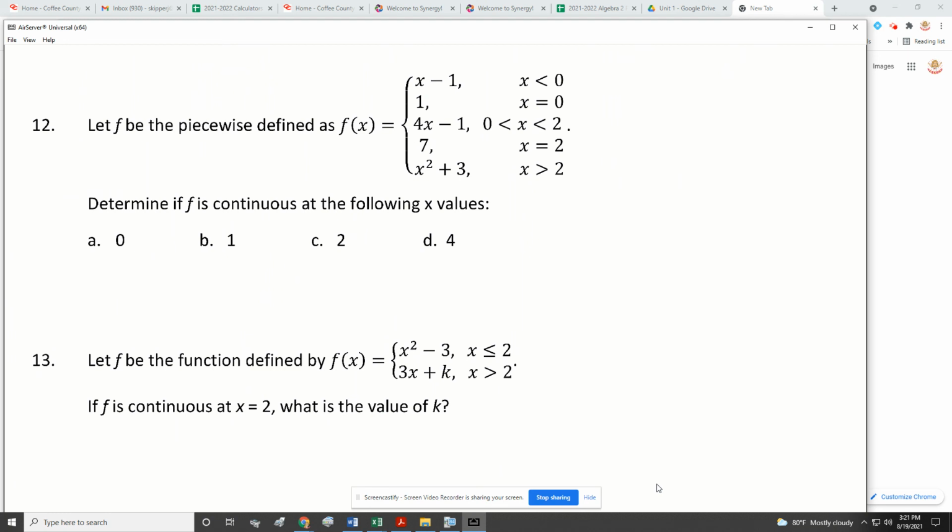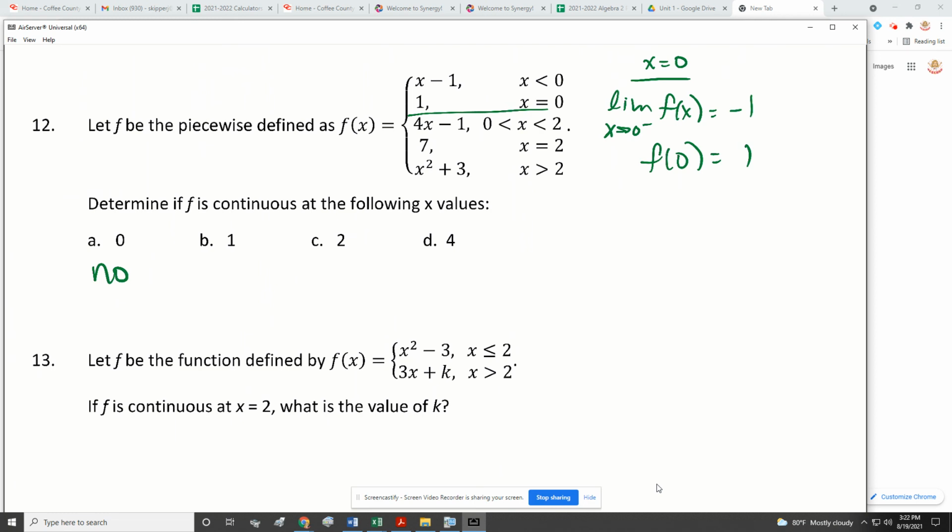I'm checking x equals 0. We're going to find the limit as x approaches 0 from the left of f of x. Just by plugging in 0, we get -1. That must equal f of 0, and f of 0 is 1. So there's no way it works. So that's a big no.